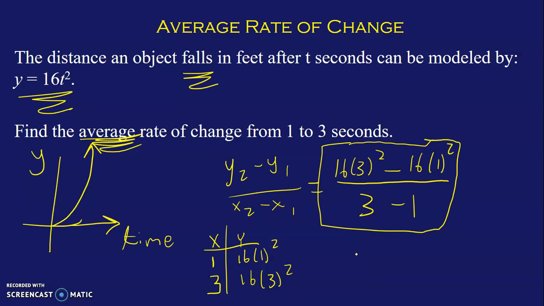It depends on whether we're taking the exam in person this year or if it's virtual again. So let's practice working it out. 16 times 1 squared is 16. 16 times 3 squared, 16 times 9 would be 144. So up here I'd get 144 minus 16 over 2.